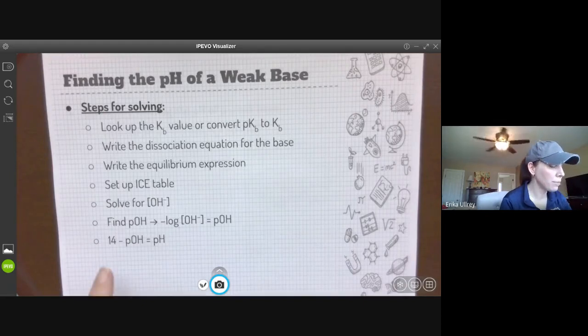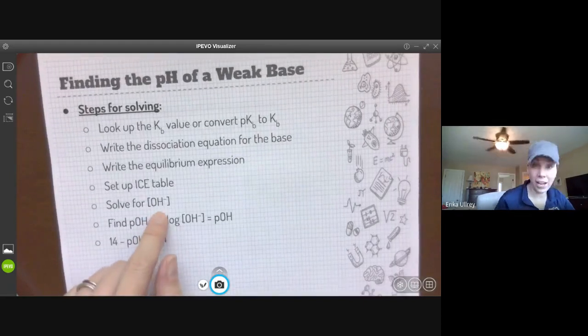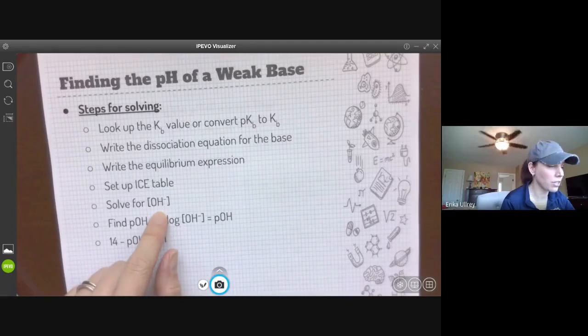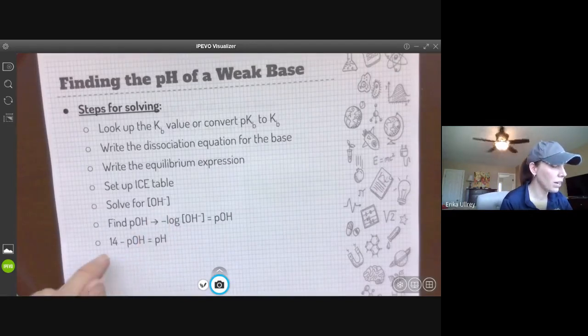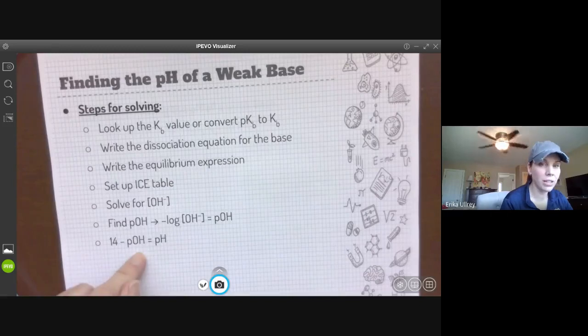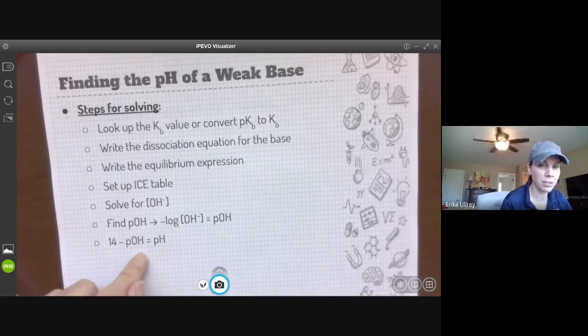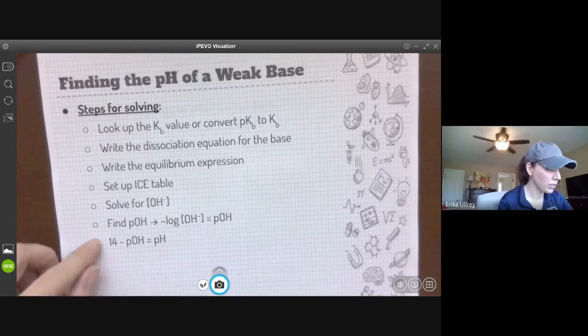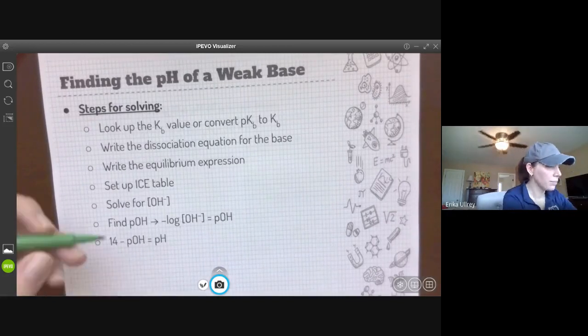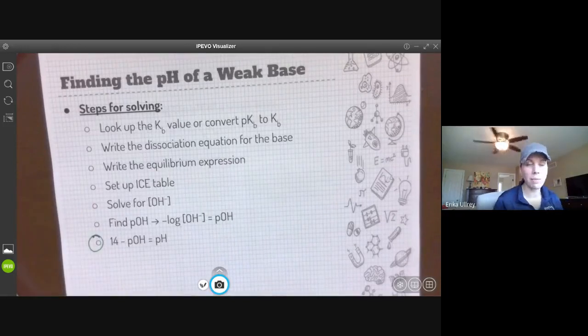What's different here is that X is going to equal the concentration of OH minus ions. Then we're going to have to convert to pOH and then do 14 minus pOH to get to pH. So really, this step right here is the only extra step that we have compared to what we were doing before.